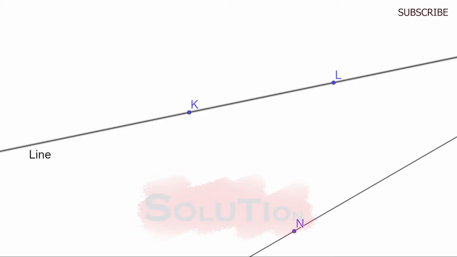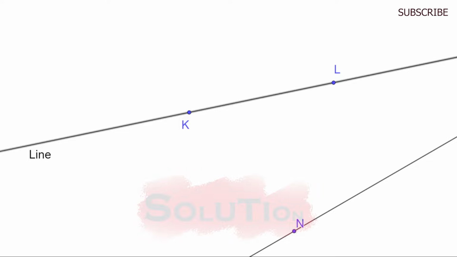If I take point K, which is here, and point L, which is here, and I want to go from K to L, then the shortest distance will be the straight line. I can go, but it is not like after reaching L I have to stop.